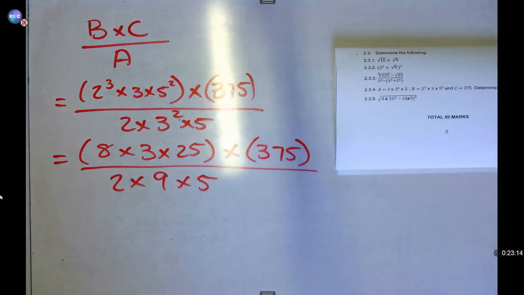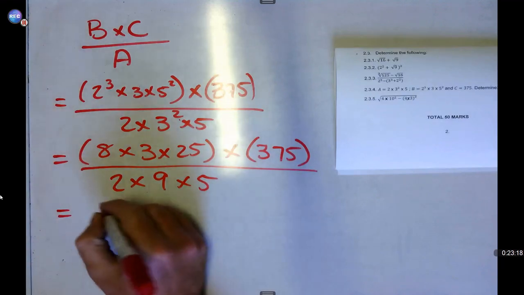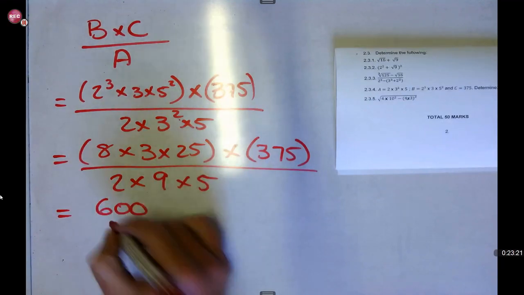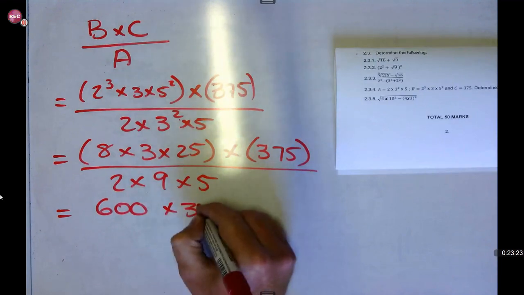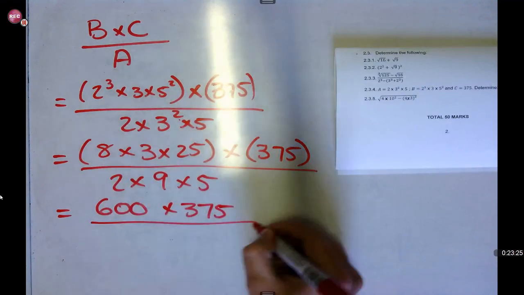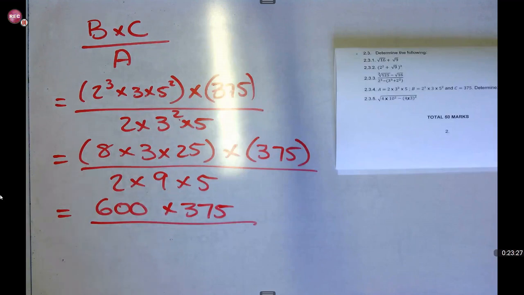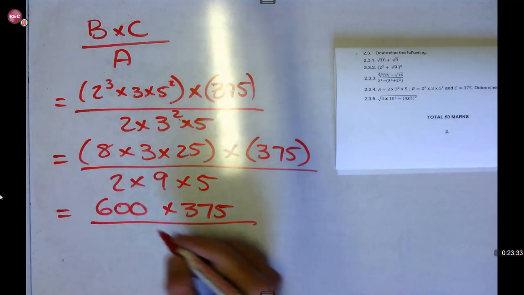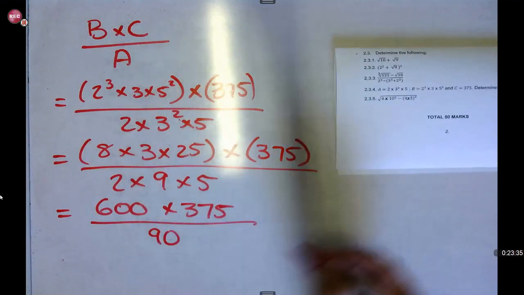So you'll say 8 times 3 times 25, and that will give you 600. So this first bracket gives you 600 times 375. Okay? Then the denominator, we will say 2 times 9 times 5, and that would give you 90.